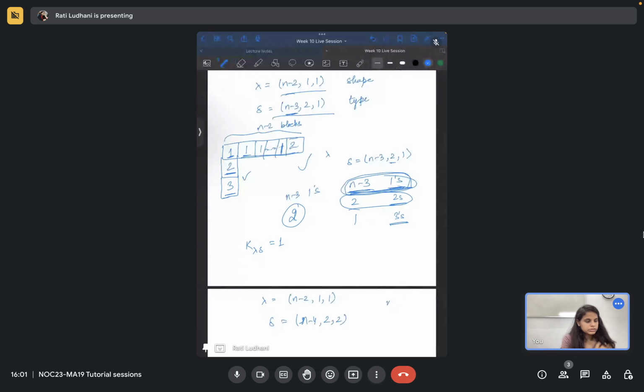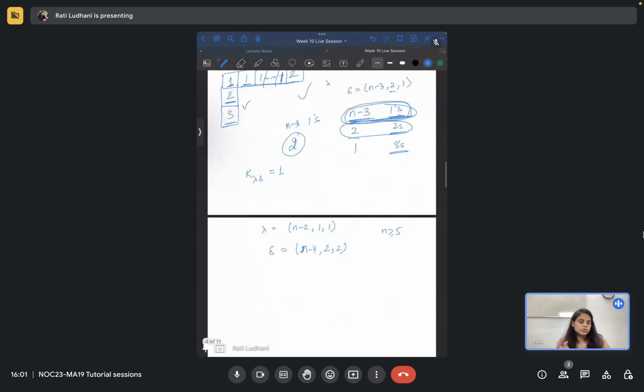Let's say n is greater than or equal to 5. Then for (n minus 4, 2, 2), you consider that you have n minus 4 ones, 2 twos and 2 threes.